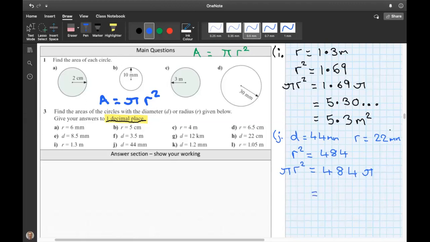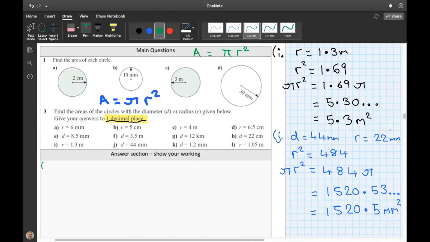We now need to find its numerical value, which is going to be 1,520.53. Still only rounding to 1 decimal place. So it's going to be 1,520.5 millimeters squared.